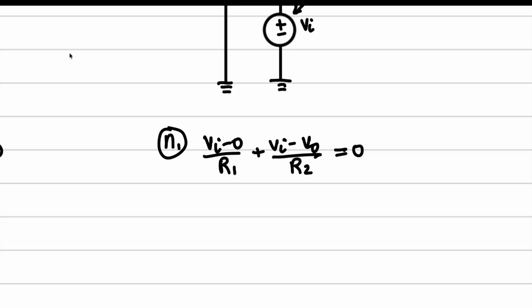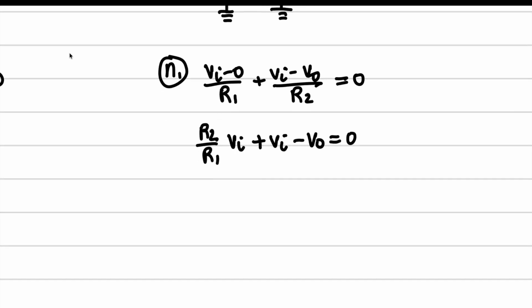We're going to multiply both sides by R2, and we're going to get (R2 over R1) VI plus VI minus V naught equals 0. We're going to add V naught to both sides, and then take out the VI. Okay, so V naught is equal to VI times (1 plus R2 over R1).